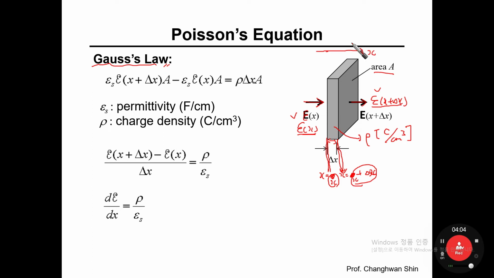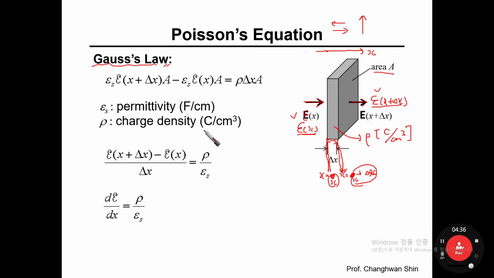In other words, the electric field is directed along the plus x direction or minus x direction. That's it. No other options. A vertically directed electric field cannot be considered in this one-dimensional space.